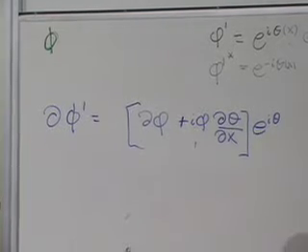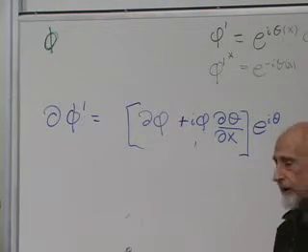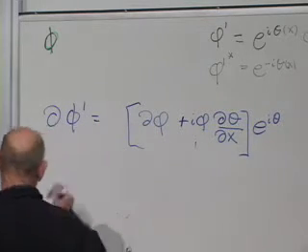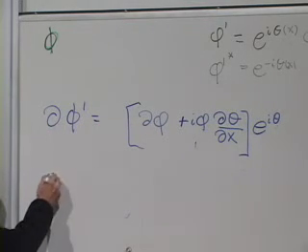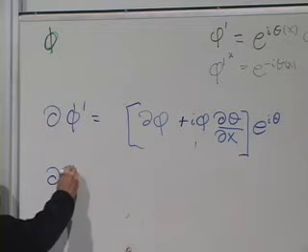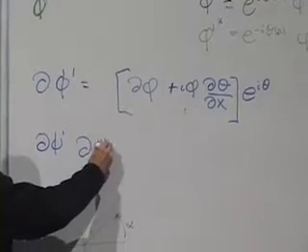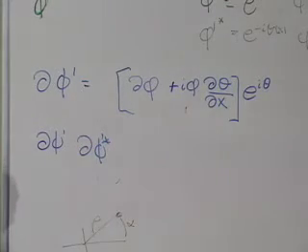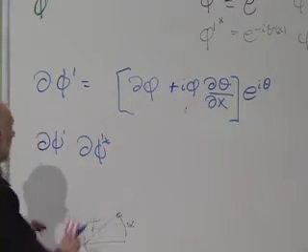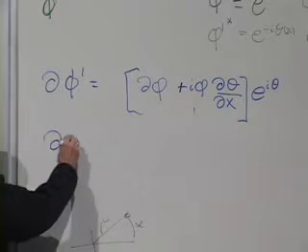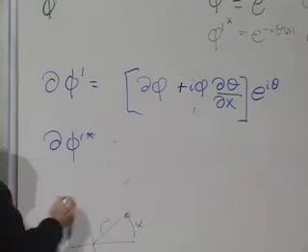Okay, now let's write the Lagrangian as we might think of it in terms of phi prime. It contains, we know phi prime, we're interested in the derivative of phi prime, the derivative of phi star prime. Let's write the derivative of the conjugate, the derivative of phi prime star.